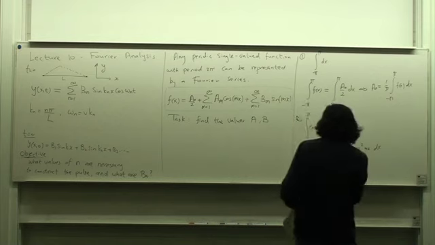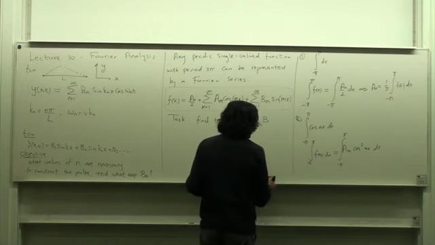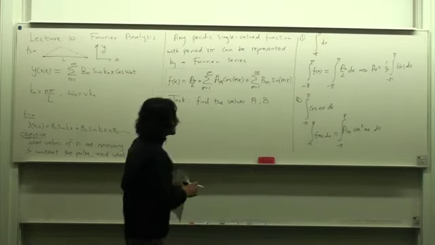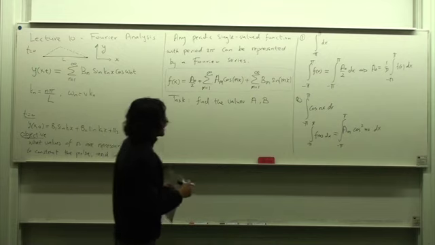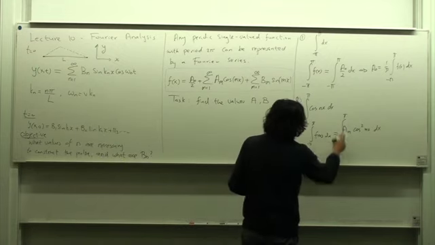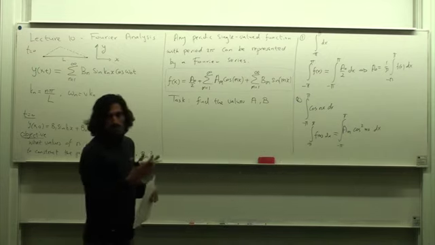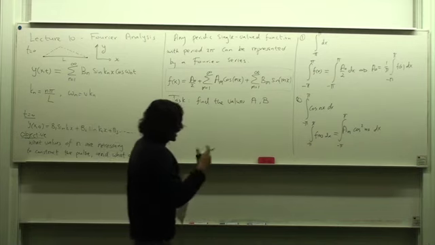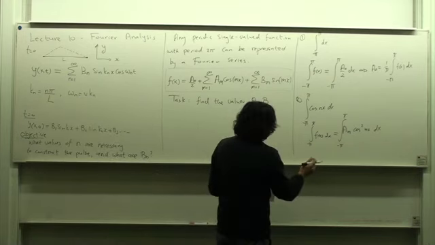Okay, and you know how to do this. The cosine squared will give you 1/2, and you go over a period from minus pi to pi. So you have 2 pi at the end of the day.